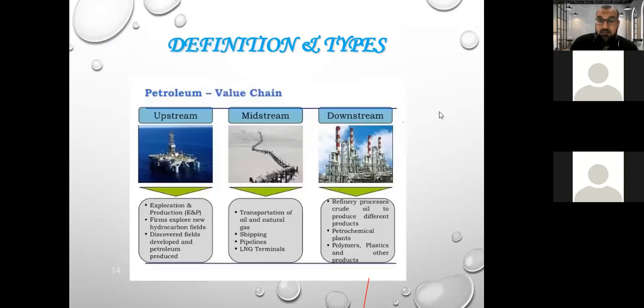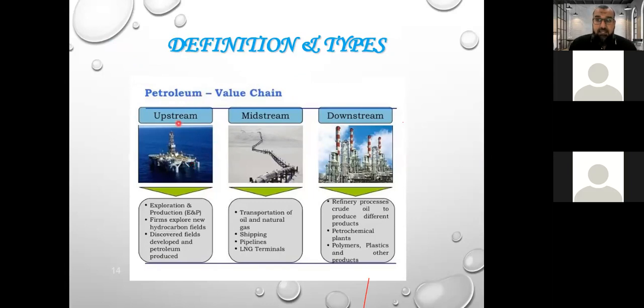This is another photo to give you an indication of the upstream, midstream, and downstream. So the upstream, as I said, is mainly for exploration. You will find this at the wellhead, and you will find it mainly onshore or offshore. We'll explain what is meant by onshore and offshore in the next slide.